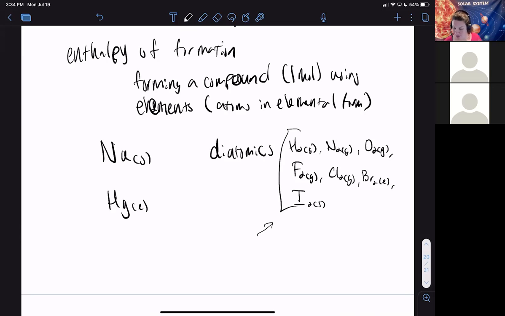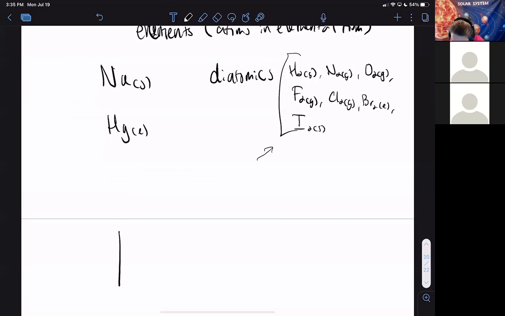And if you look at the periodic table, you can almost kind of see the 7. So you've got hydrogen over here, which is one of them. So there's 1. And then starting at nitrogen, we've got nitrogen, oxygen, fluorine, chlorine, bromine, and iodine.